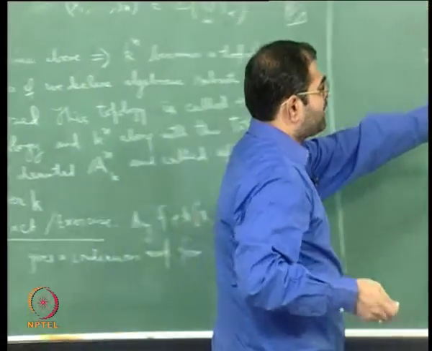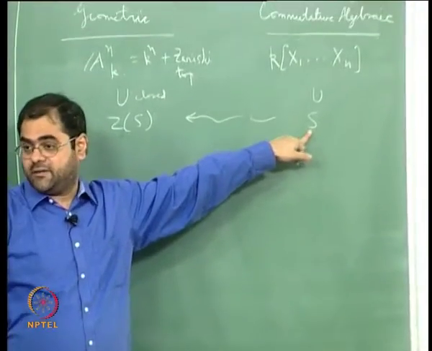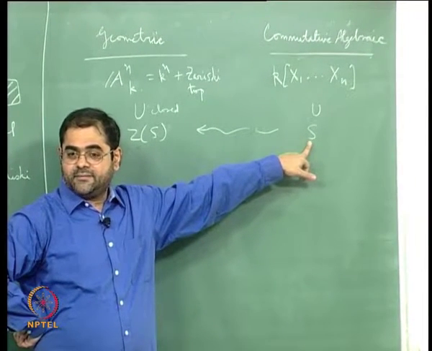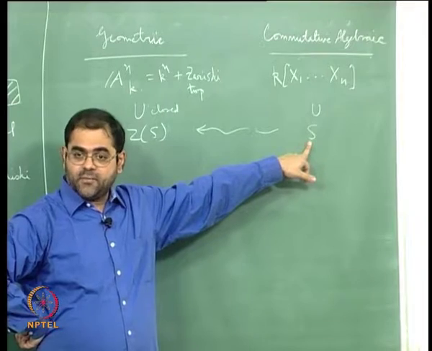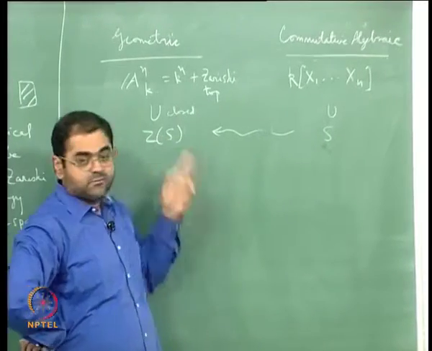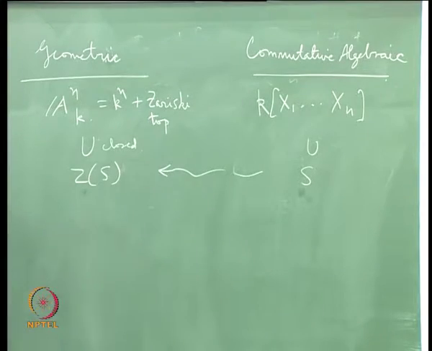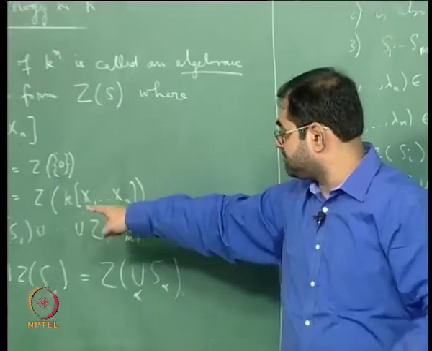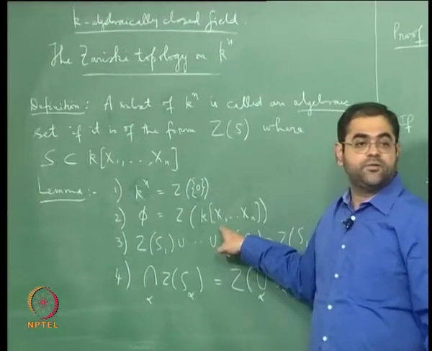But there's no point in taking a subring here. The problem is, if you take a subring, then it contains 1, and the moment it contains 1, Z of S will become empty, because Z of S will always become empty the moment S contains a unit.